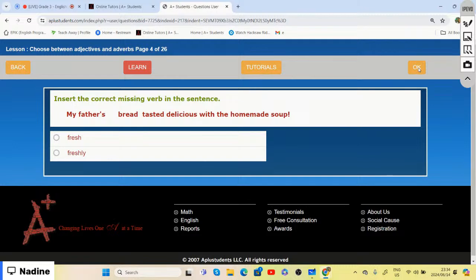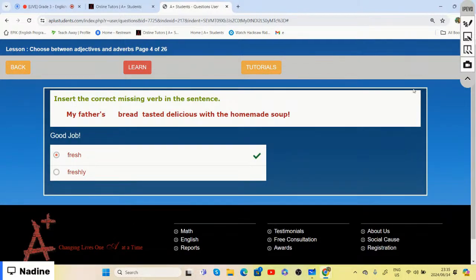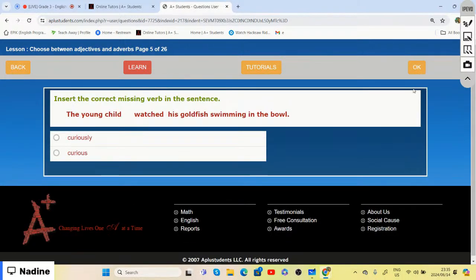Which one is the correct answer? All right, and if we were to choose the correct one, we would say my father's fresh bread tasted delicious with the homemade soup. So well done. Fresh is correct.